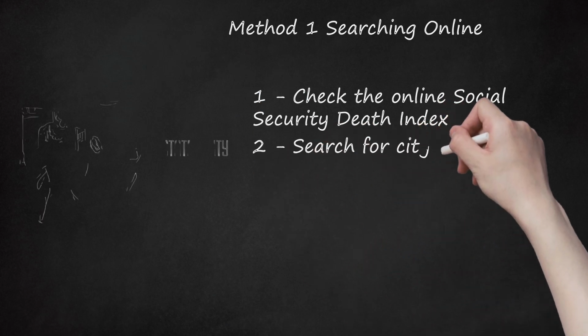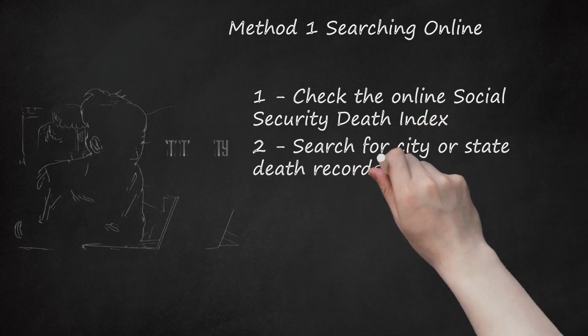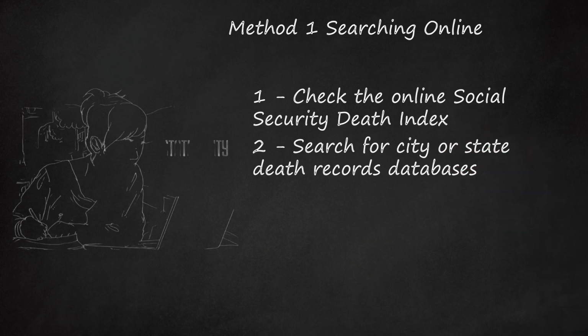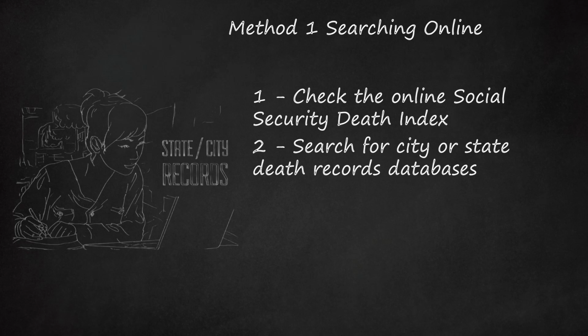2. Search for city or state death records databases. Many larger cities and some states have online databases available for use by the general public. State death indexes typically go back further in time than the SSDI, so if you're looking for the death notice of someone who died in the 1700s, for example, you'd be more likely to find the information at the state level.